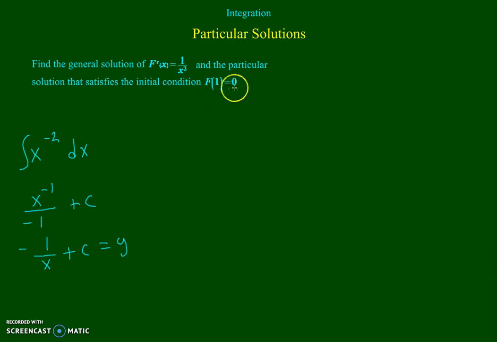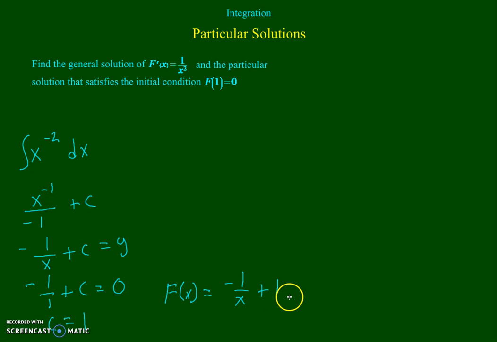And f of 1 is 0, so we put a 1 in for our x, so negative 1 over 1 plus c equals, and our y is 0, so then c equals 1. So our final particular solution is f of x equals negative 1 over x plus 1.